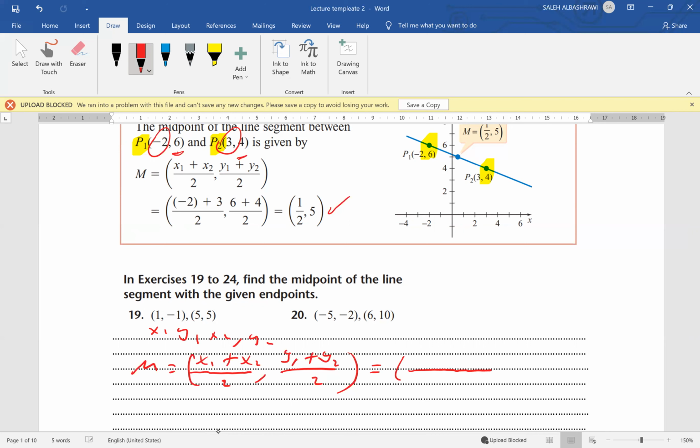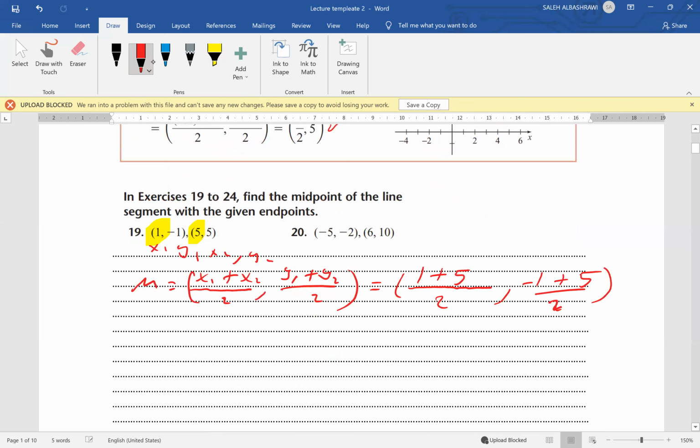So x1 is 1 plus x2 is 5, the first coordinate first, divided by 2, and y1, which is -1 plus 5 divided by 2. This will give me 1 plus 5 is 6, divided by 2 is 3. And -1 plus 5 is 4, divided by 2 is 2. So 3 and 2 is the midpoint of the 2 points, 1, -1 and 5, 5.